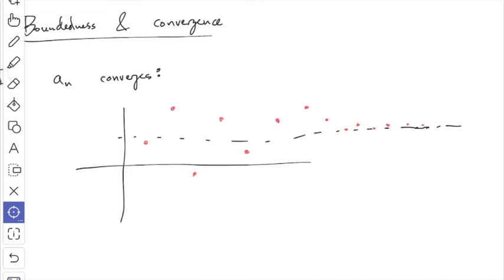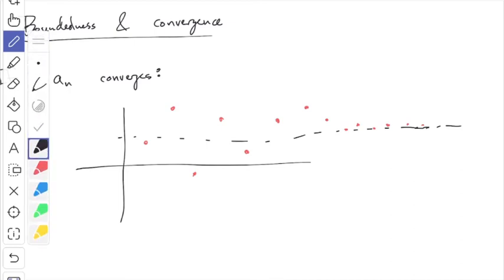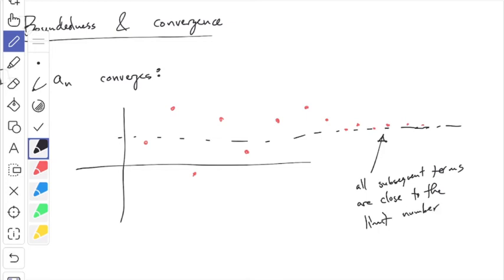That also is impossible. Before it gets to the end, there's only finitely many terms over here. So you could say sort of around here, all subsequent terms are close to the limit number, whatever this sequence is converging to. And what about all the previous ones? Well, there's only finitely many of the previous ones.